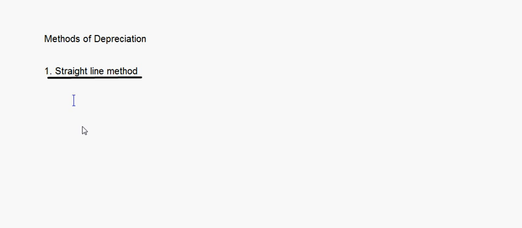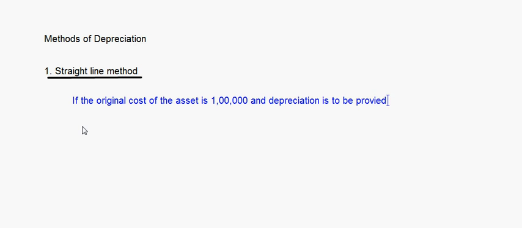Okay, so here let's say if the original cost of the asset is, let's say, 1 lakh, and let's say like this, depreciation is to be provided at 10% per annum on straight line method.